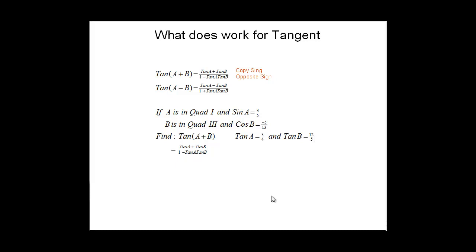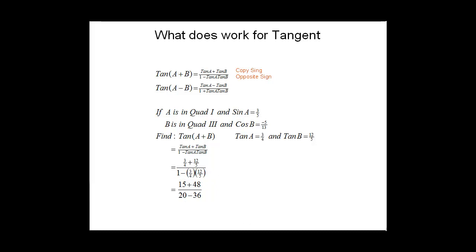1 minus, and you multiply them together. So it's 3/4 plus 12/5 over 1 minus 3/4 times 12/5. Now to clean these up, I multiply by 4 and 5, because that's my common denominator. Multiply this by 20, this by 20, that by 20, and that by 20. And when you do that, 20 divided by 4 is 5 times 3 is 15. 4 times 12 is 48. 20 times 1 is 20. 20 cancels. 3 times 12 is 36.